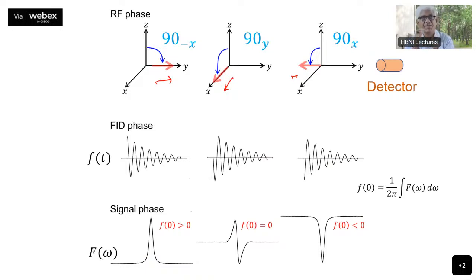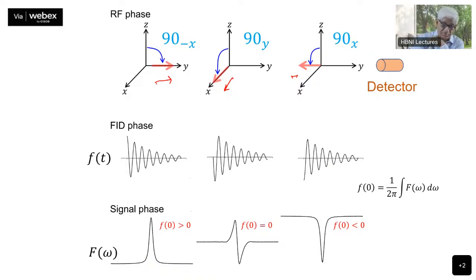You can also have in-between things. Okay. What happens, if you are collecting the FID, you are detecting the y magnetization. The detector is kept along the y-axis. In this situation, what do these different excitations result in the FID form? For example, in this situation, the FID phase, we say this is the f of t, the FID.